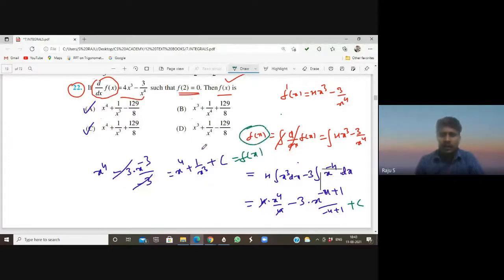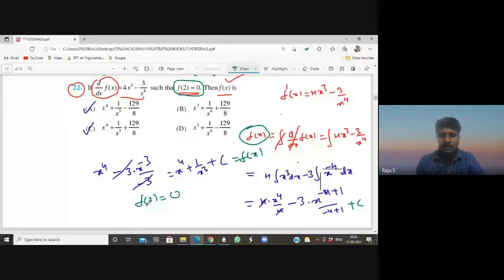But we want to know what is the condition. F of 2 is equal to 0. So f of 2, replace x by 2: 4 plus 2 plus C is equal to 0.